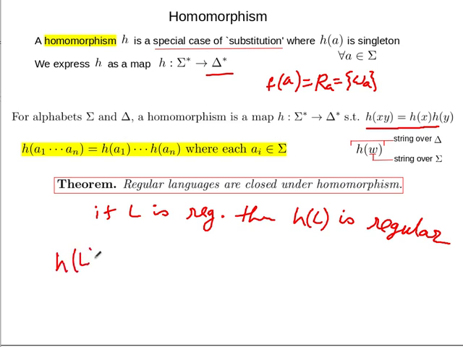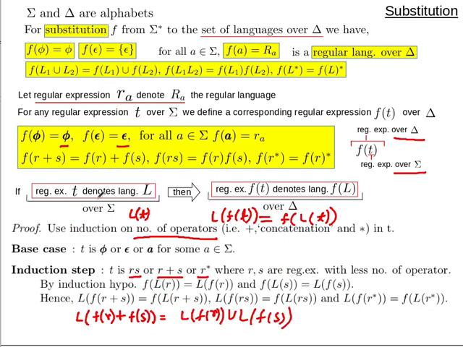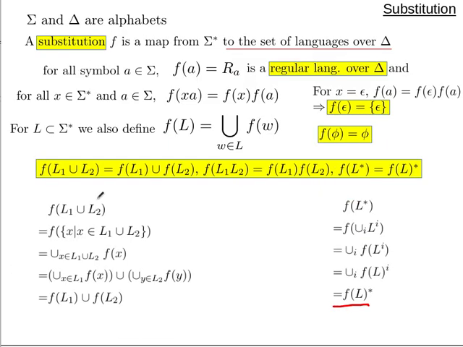So h of L we can define just like before: h of w, where this w is coming from L. So this will be the same definition as that for this. Okay, so here we have union, but here you see that these are now just singleton sets.